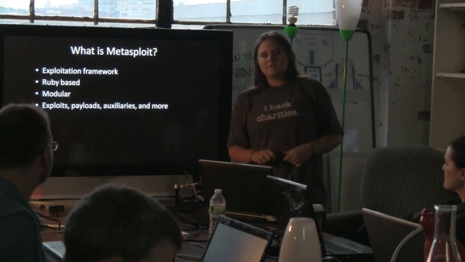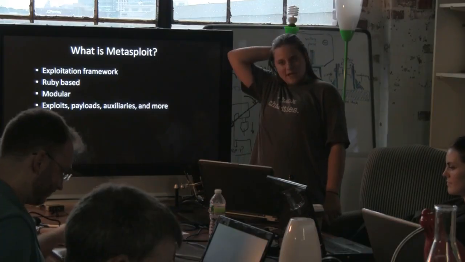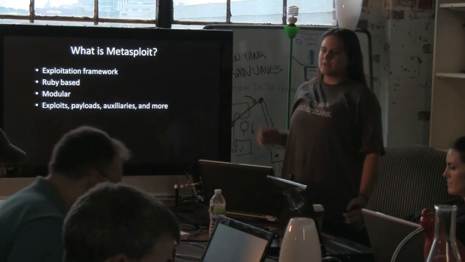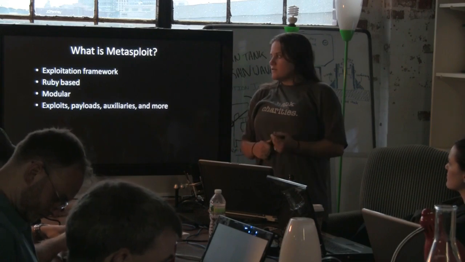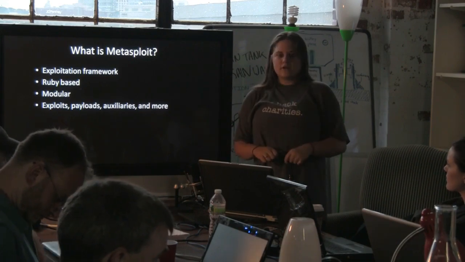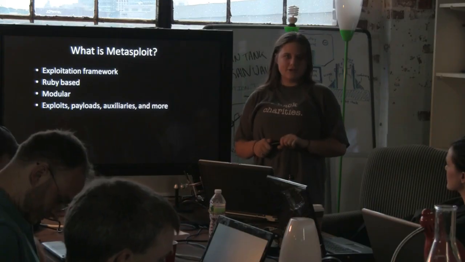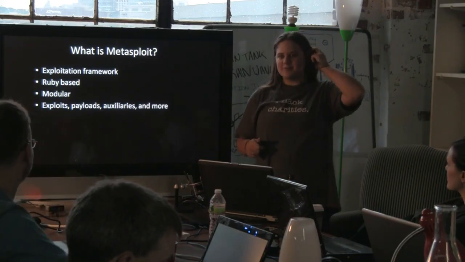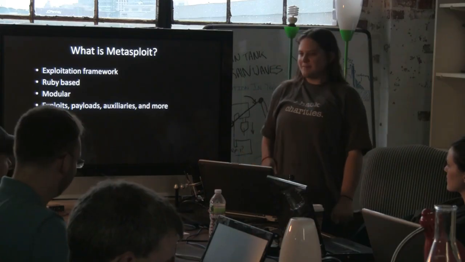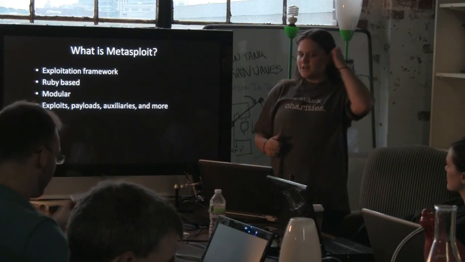So the idea with Metasploit was to streamline this process and make it so that you don't actually have to go out to the internet and look for exploit code. It's a group of exploits together for multiple platforms with exploit code already written in the framework. It's all Ruby based, so if you don't know Ruby, which I don't think very many people know until they decide they want to work on Metasploit, it's not hard to interact with.